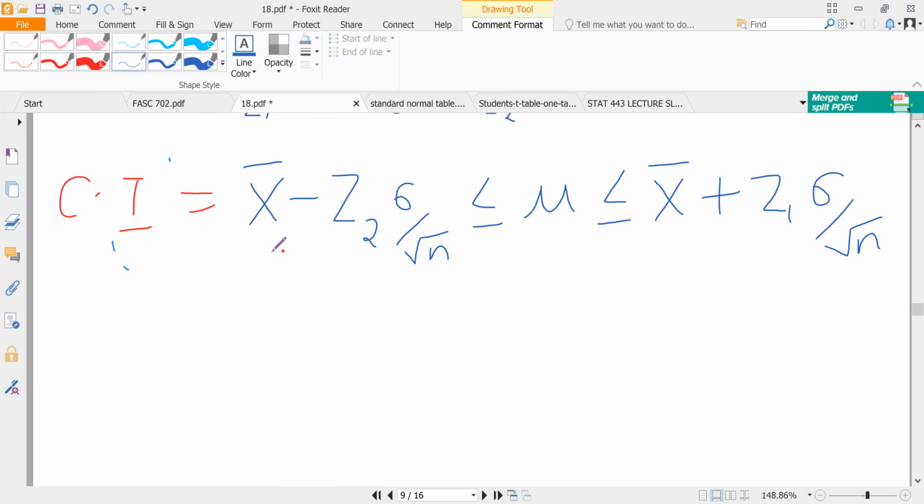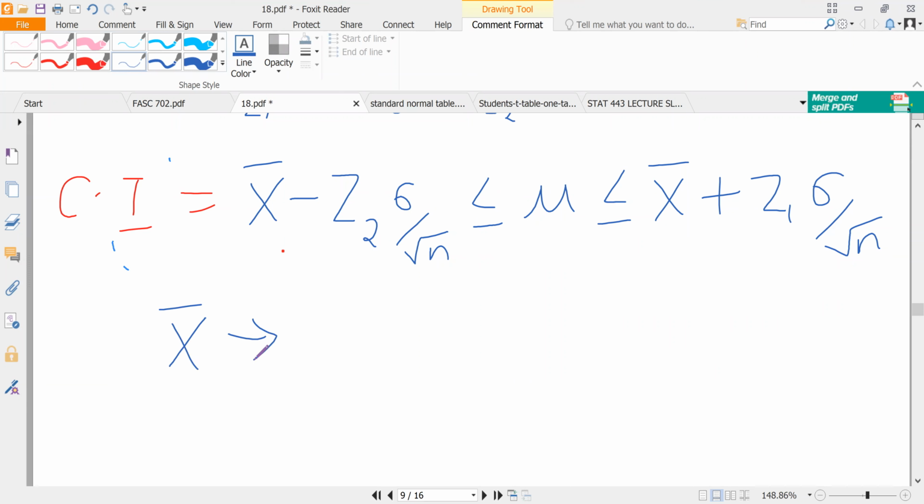Now, the lower limit here is a real value, and the upper limit is also a real value. So to get exact values, x bar will be calculated from the sample.